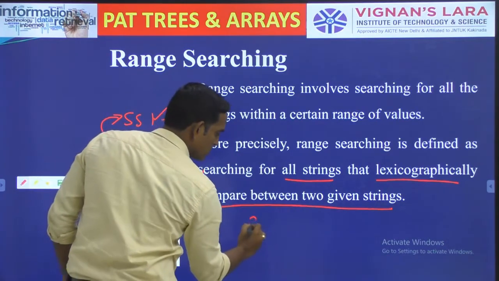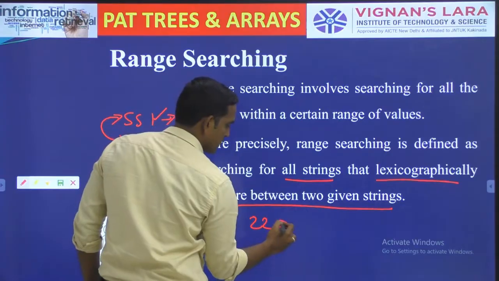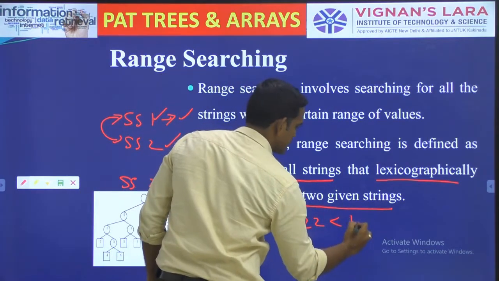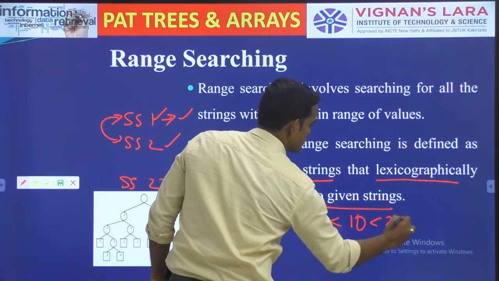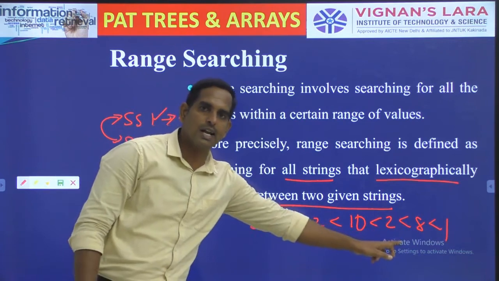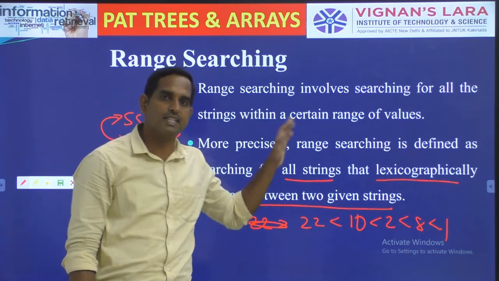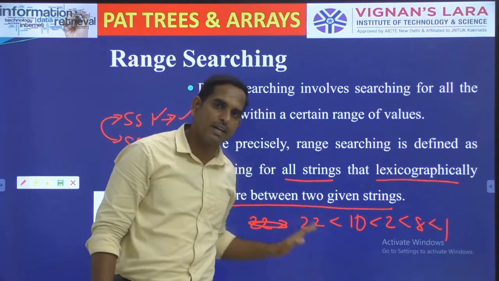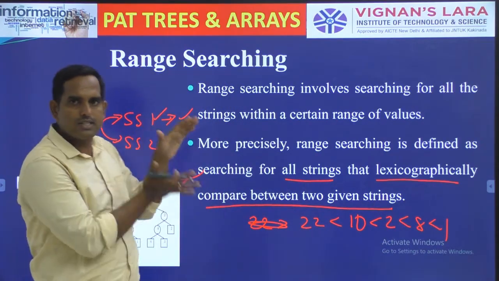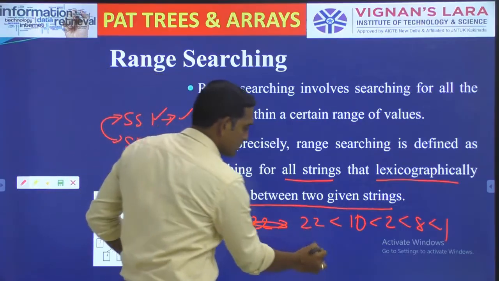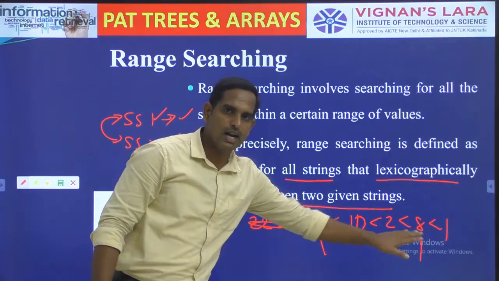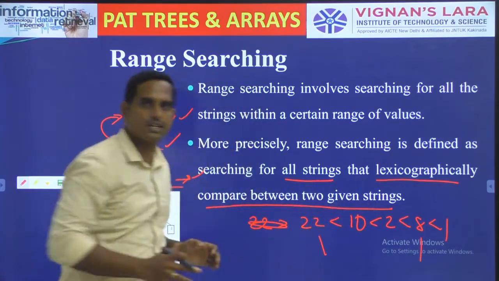We have seen this particular example, that is, suffix 22 is less than suffix 10, is less than suffix 2, is less than suffix 8, is less than suffix 1, based upon the lexicographical positions they have in the text. We can compare two suffix strings. I can list all the suffix strings which are present between suffix 22 and suffix 8, in sorted order.